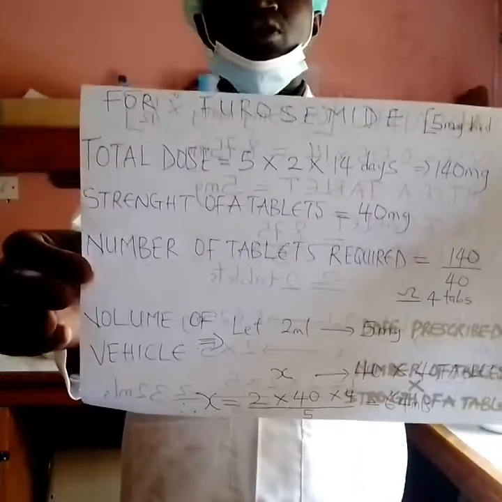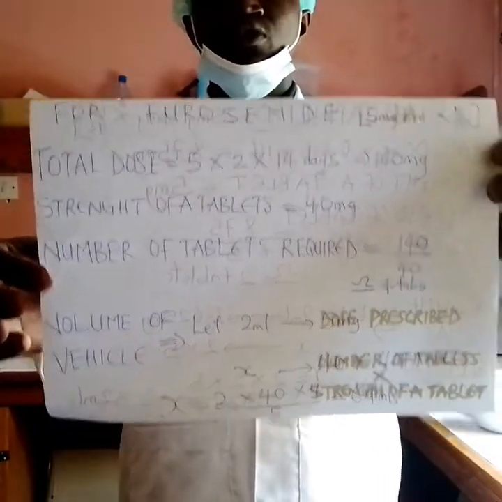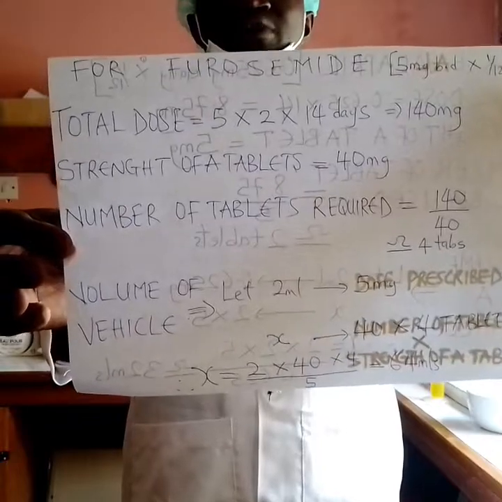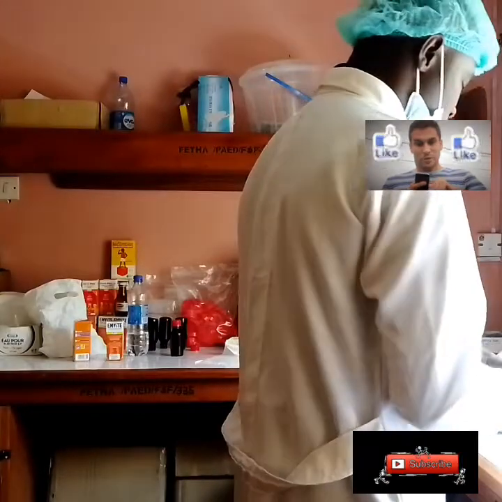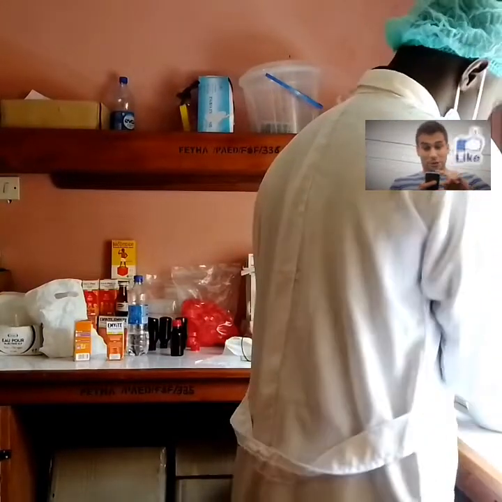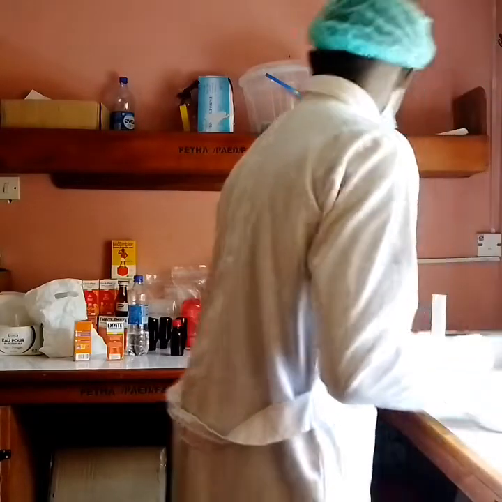The calculation said we are to use 4 tablets of furosemide. So because it says 4 tablets of furosemide, see what we do. Here is the furosemide. We'll take the 4 tablets of it.